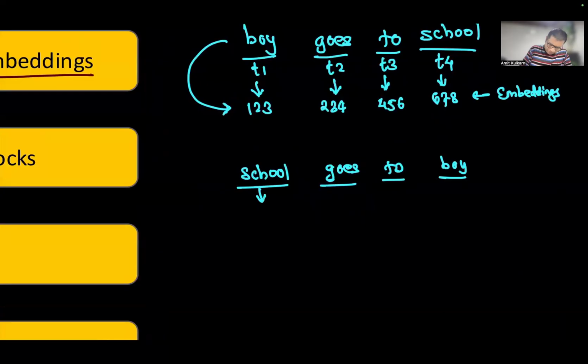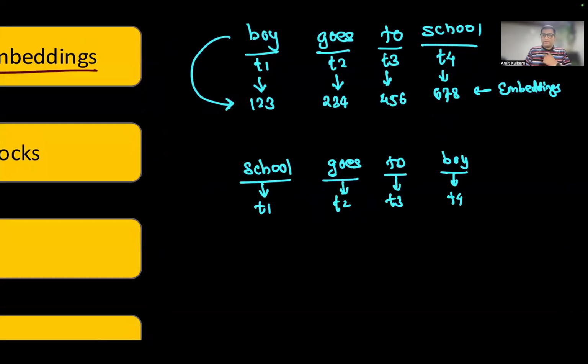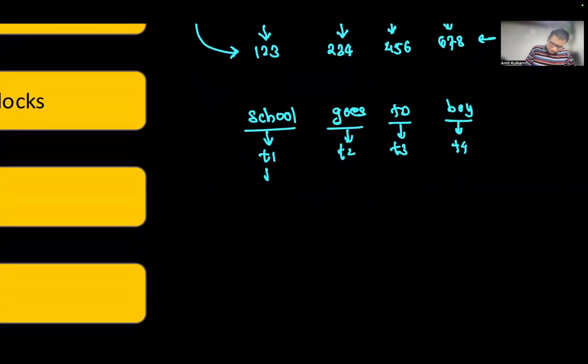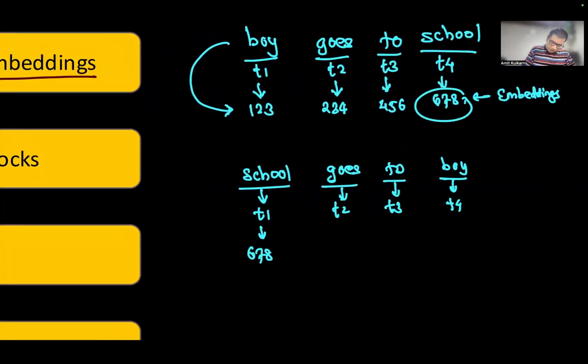So this is my T1, T2, T3, and T4. We have four tokens. And again, whenever there is school, you get the same answer back: 6, 7, 8, which is what I saw here. So this is my school's embedding, the same number. When you pass the same word, you always get the same number.